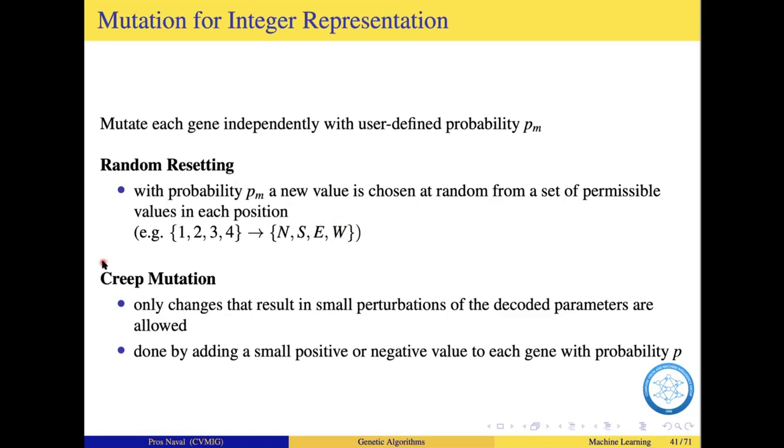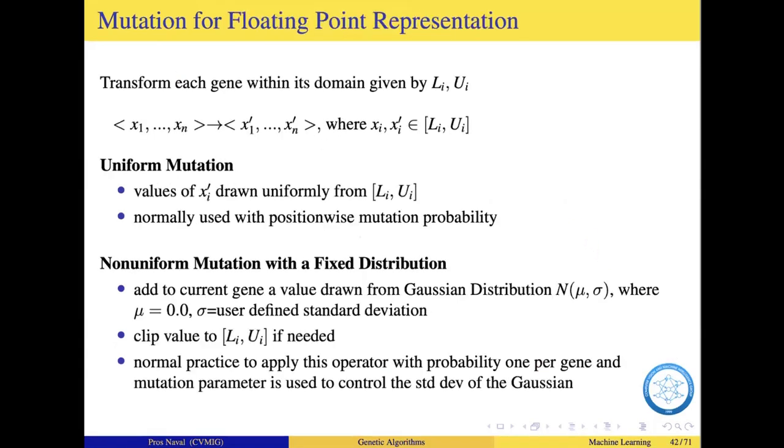That's random resetting. For creep mutation, we only allow changes that are small perturbations of the decoded parameters. So we do that by adding a small positive or negative value to each gene with probability P.